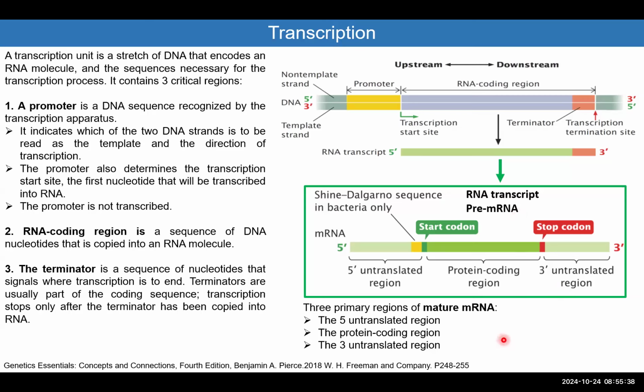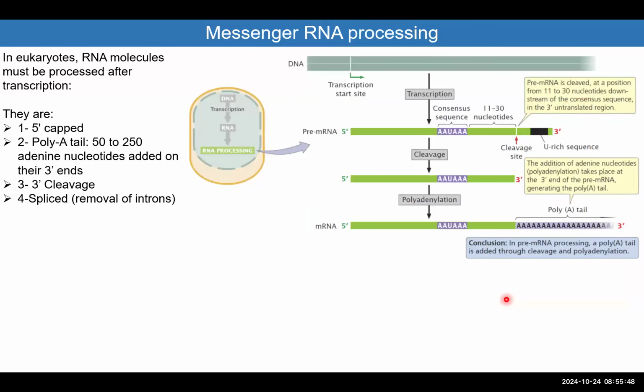Okay? Now, how do we get from a pre-messenger RNA into a mature messenger RNA? So we would go first to the RNA processing steps. There are 4 steps that you would need to know, that in eukaryotes, the RNA molecules must be processed after transcription.